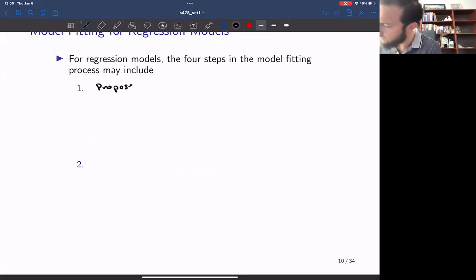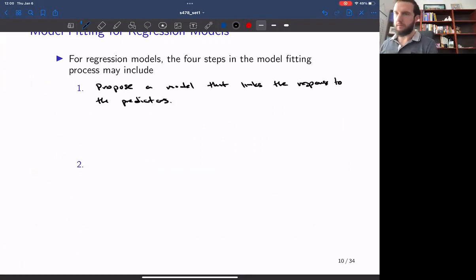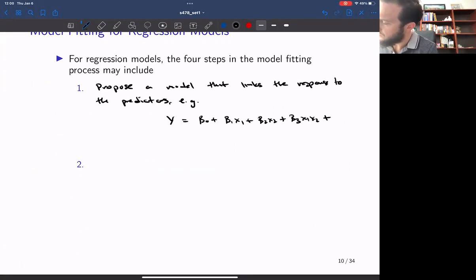In the case of regression analysis, we're going to propose a model that links the response to the predictors, for example, y is equal to beta 0 plus beta 1 x1 plus beta 2 x2 plus beta 3 x1 x2, right? So this could be one of the possible models that you explore.